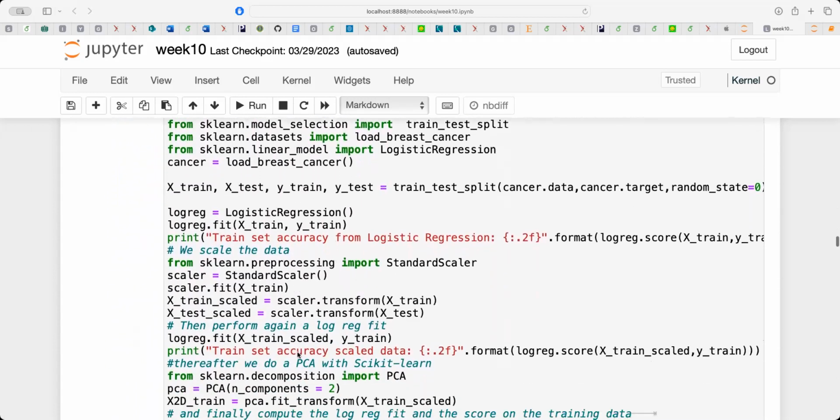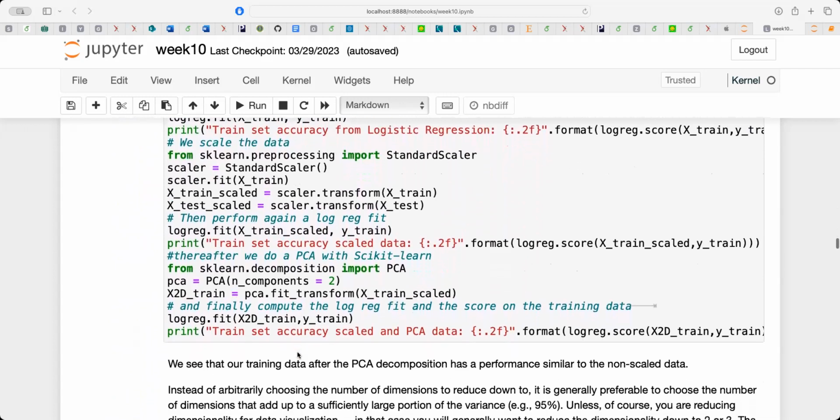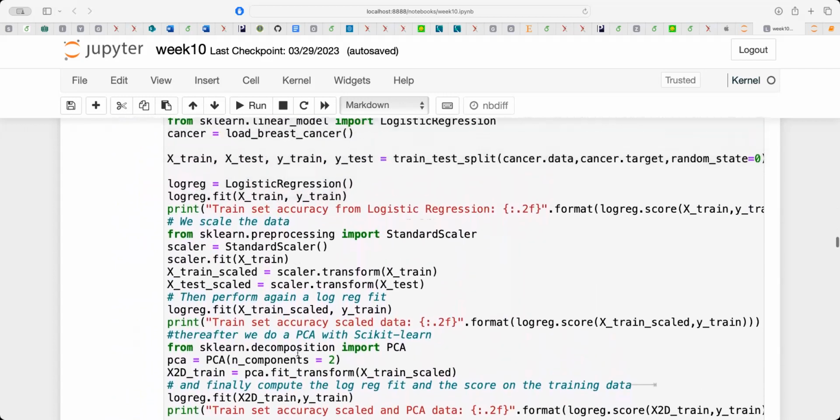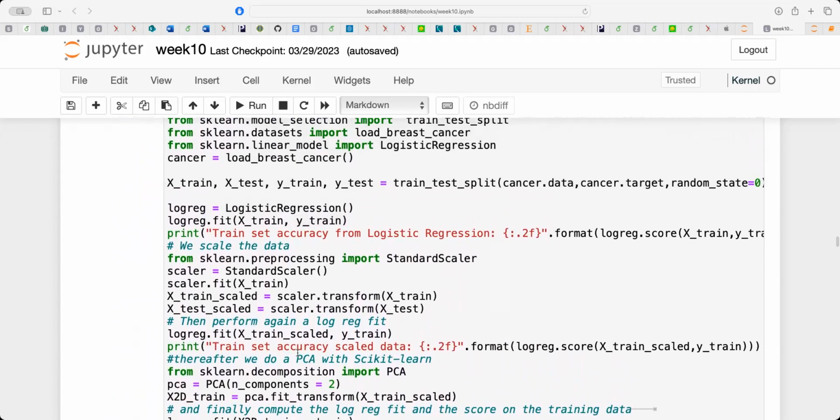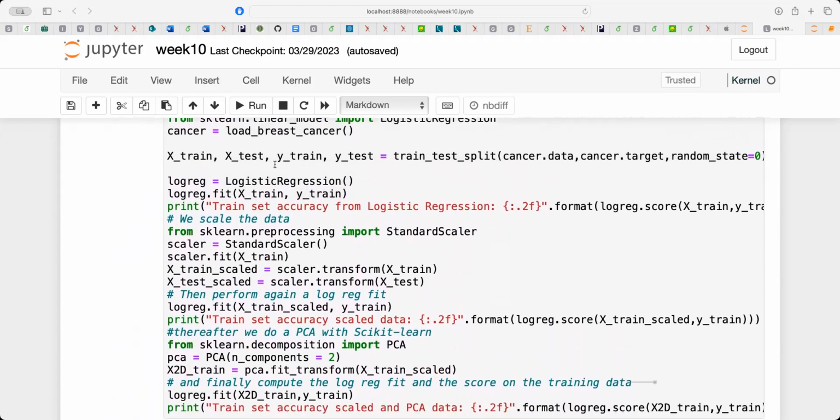And then there's also an example here on a data set which contains 30 features. This is a simple example where you can do logistic regression on the data set. There's a famous data set on breast cancer tumors from Wisconsin. There were roughly 500 patients, and this data set has something like 30 features.